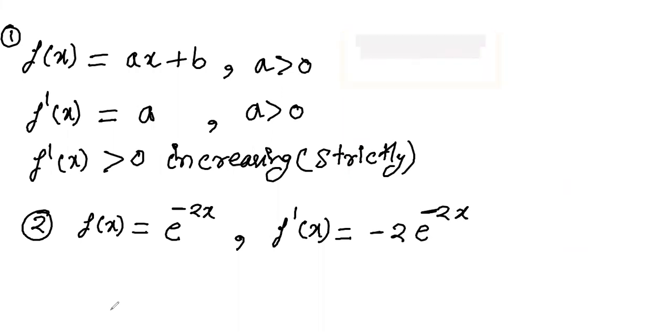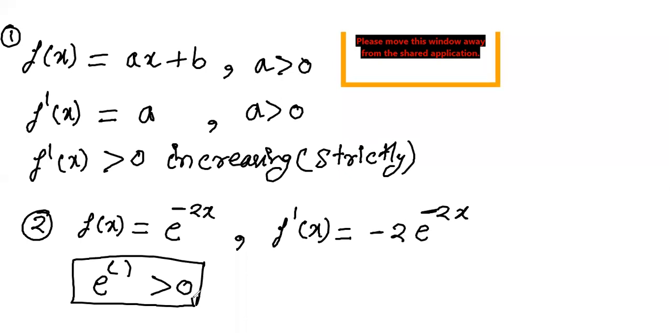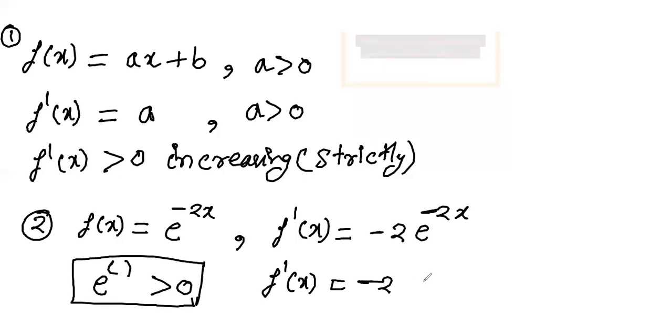Now, it must be kept in mind that e raised to any power is always greater than 0. It may be a fractional value, but it will be greater than 0. So f dash x is minus 2 into some value which is positive.